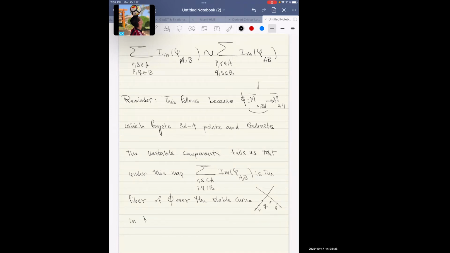And it's a point in M bar 0 4. You remember that. M bar 0 4 is P1, yeah? So this was isomorphic to P1.